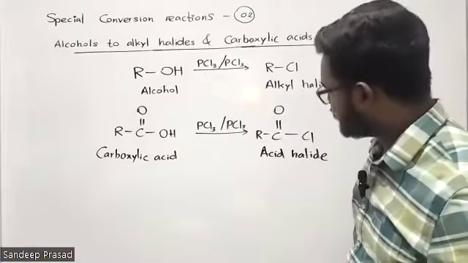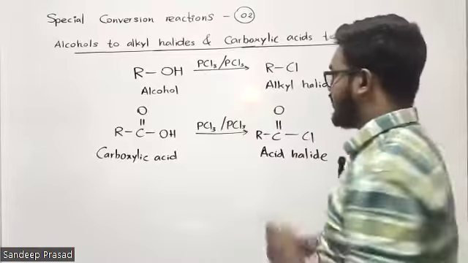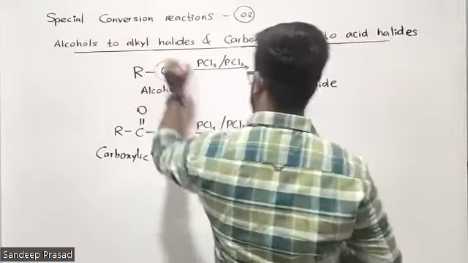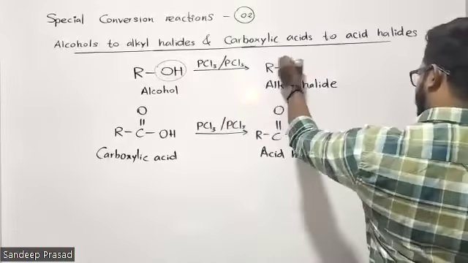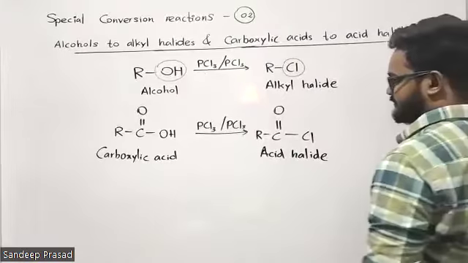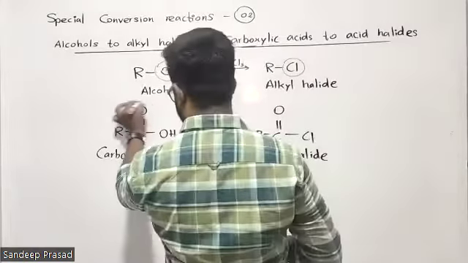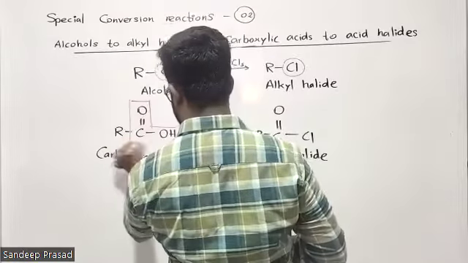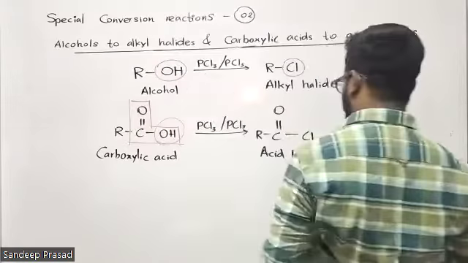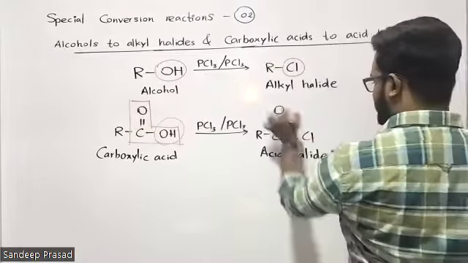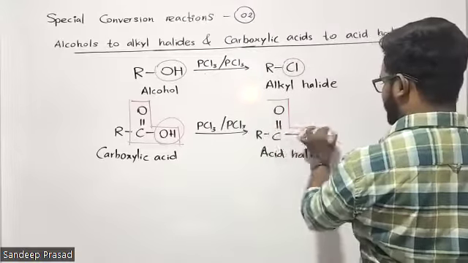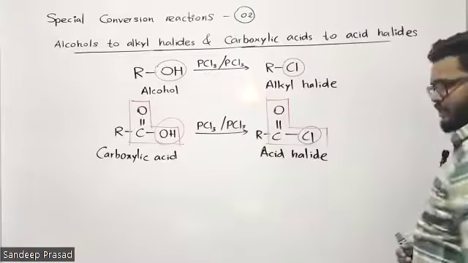So you can see that in alcohol the functional group is OH, and in alkyl halide chlorine is there. In carboxylic acid the functional group is C double bond O OH, but you can see that this OH group has been converted into a chlorine atom in the functional group C double bond O Cl. Try to understand.